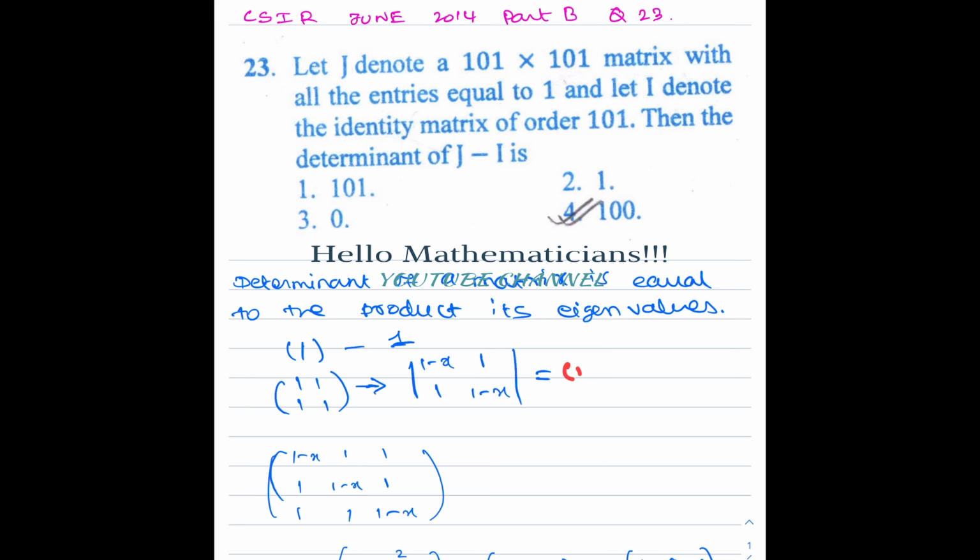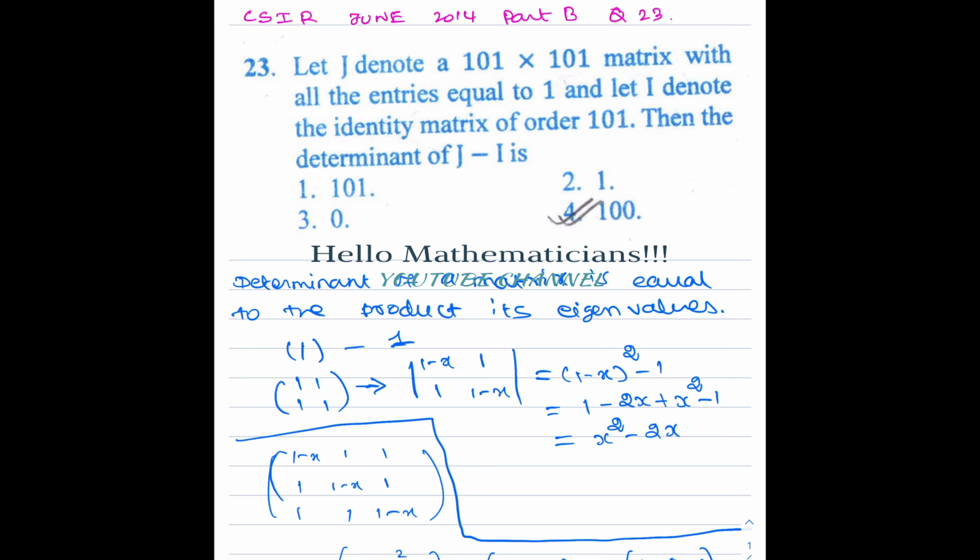This will be (1 minus x) squared minus 1, which is 1 minus 2x plus x squared minus 1, which equals x squared minus 2x. Therefore x squared minus 2x is the characteristic polynomial of this matrix.